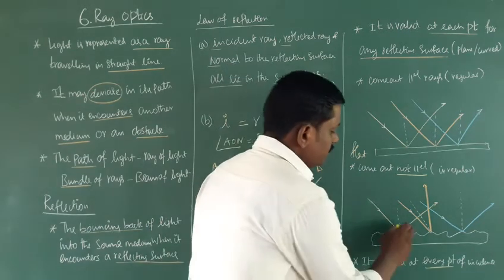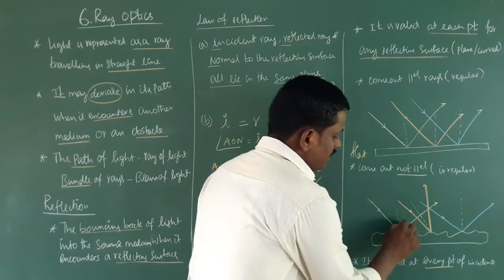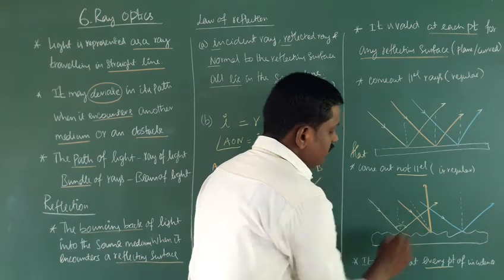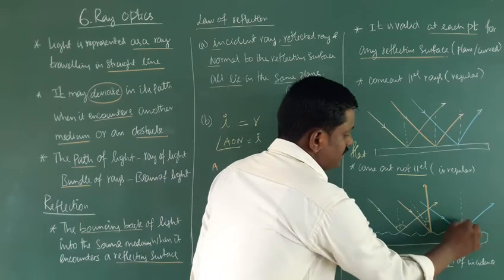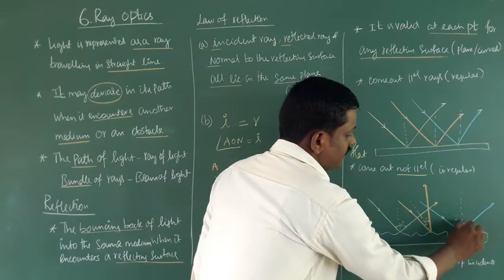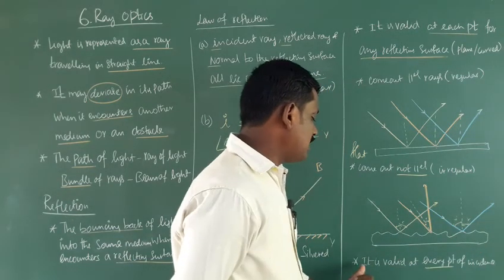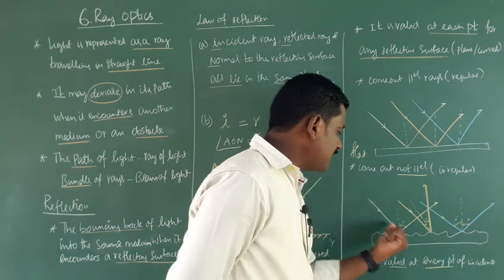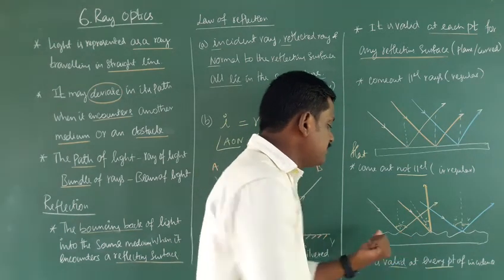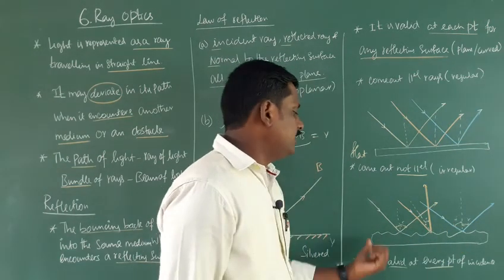At this point, the angle of incidence i is equal to the angle of reflection r. Again here, i is equal to r. So i is equal to r at every point in irregular reflection.